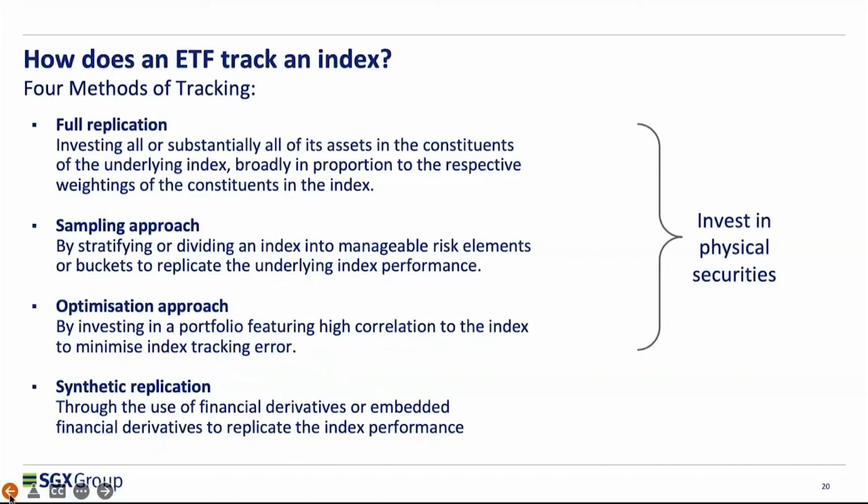Another approach that will come in very handy to overcome such barriers is what I would term synthetic replication, which is the last method that we'll cover. This is done through the use of financial derivatives or embedded financial derivatives to replicate the index performance. And this is typically done via what is termed a swap contract, right?